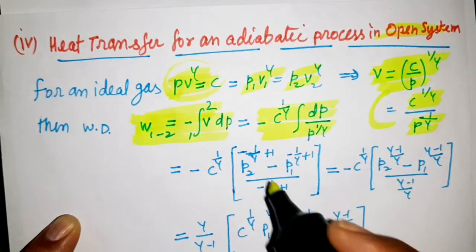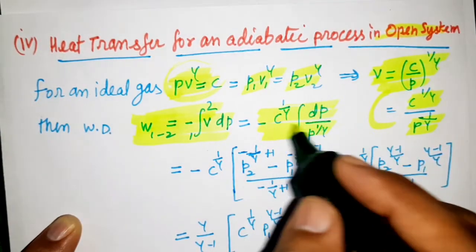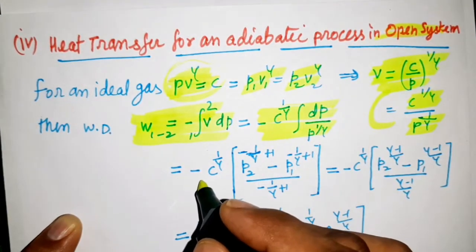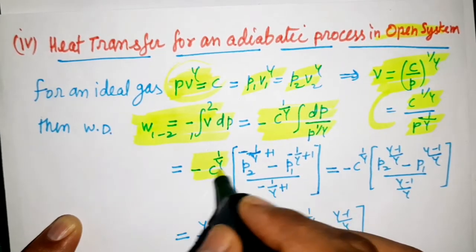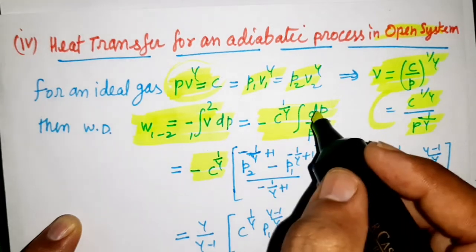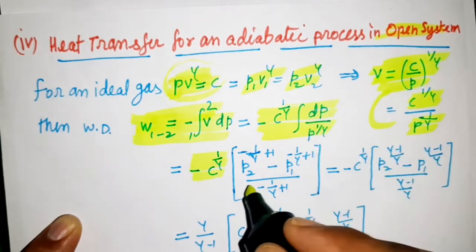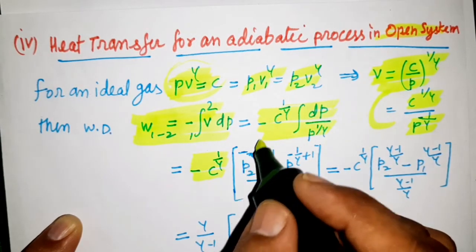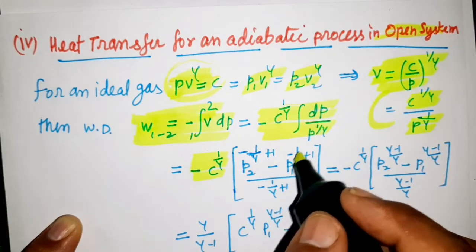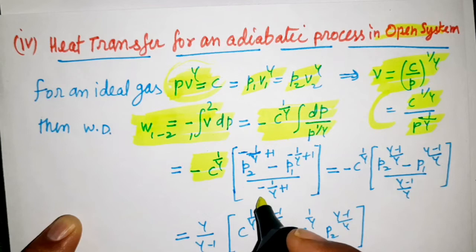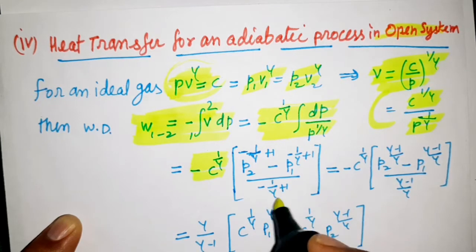So now we can solve this relation. C to the power 1 upon gamma is common. So in bracket we can say this is equal to P2 to the power minus 1 upon gamma plus 1 minus P1 to the power minus 1 upon gamma plus 1, upon minus 1 upon gamma plus 1.